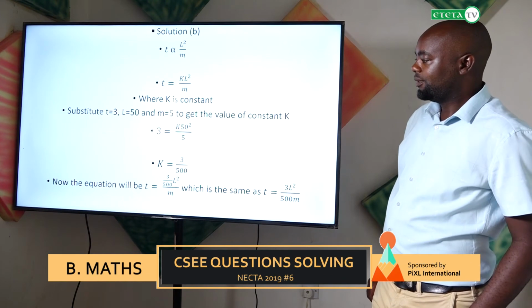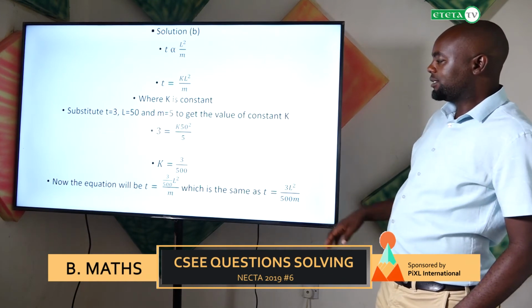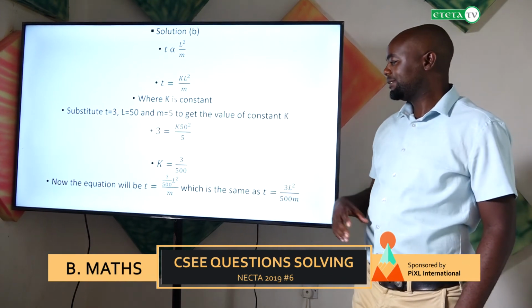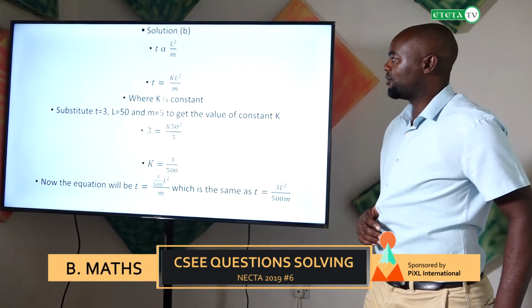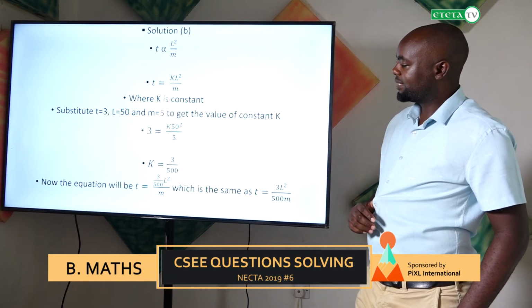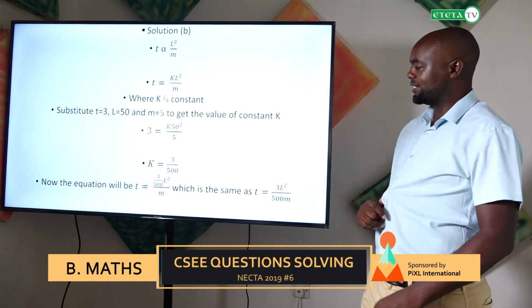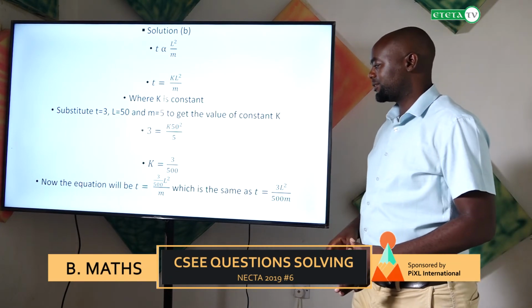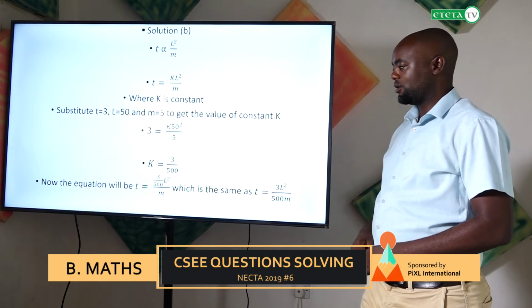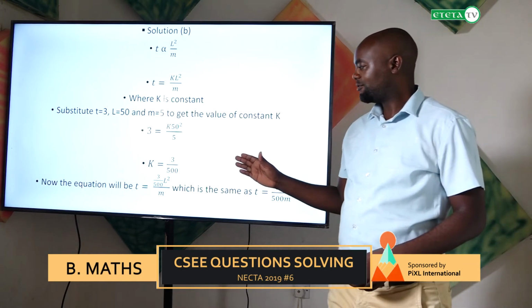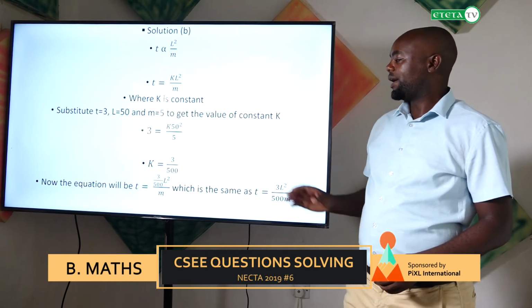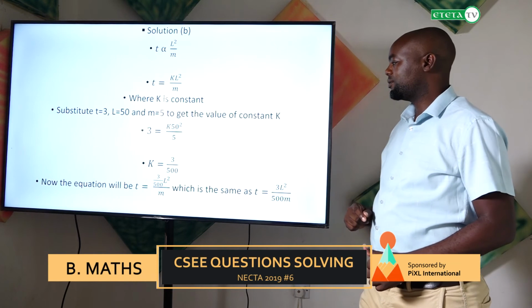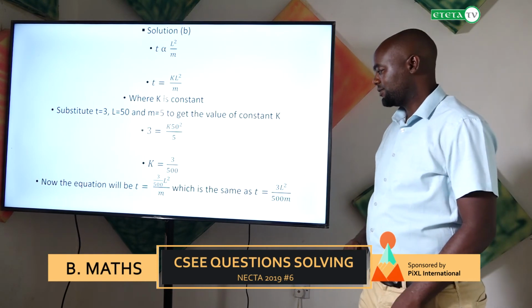So now our equation will change from T equals K L squared over M to T equals 3 over 500 times L squared over M. We have 3 over 500 because previously we found K, which is now 3 over 500.